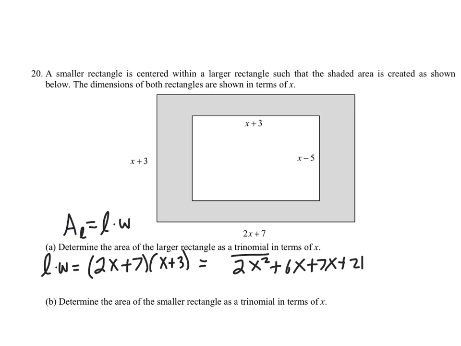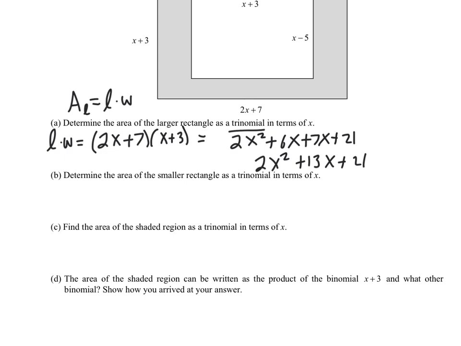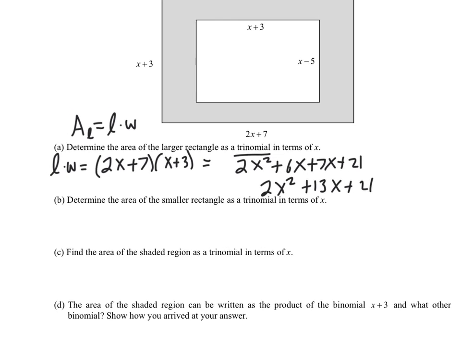And then we combine like terms to be 2x squared plus 13x plus 21. Determine area of the smaller rectangle. Same idea. It's x plus 3 times x minus 5.